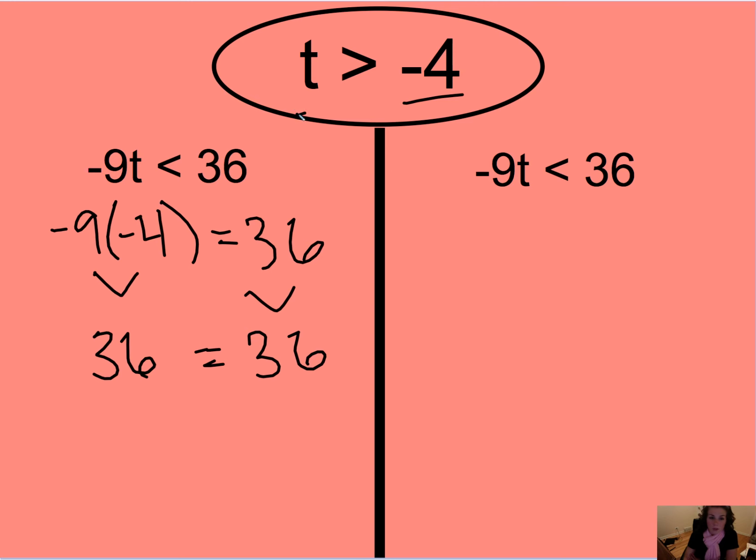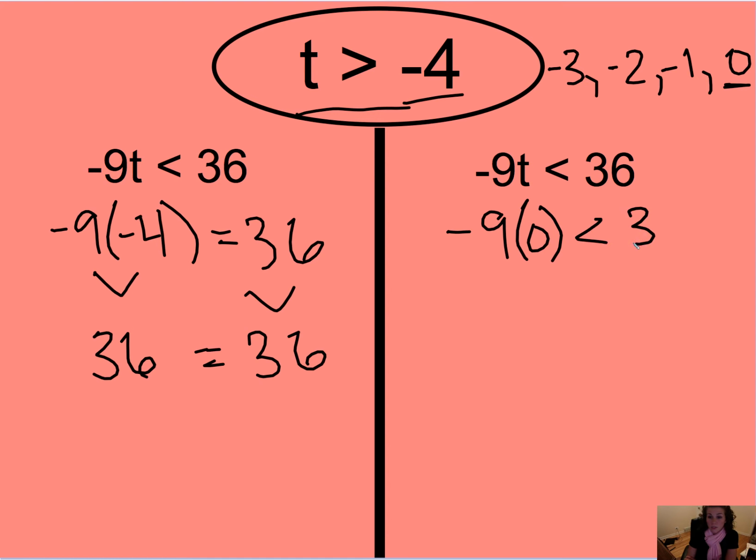Now we pick a number that's greater than negative 4, which would be negative 3, negative 2, negative 1, so on and so forth. To make it easy on myself, I could just pick 0 here because anything times 0 is 0, and that's really easy to check. So negative 9 times 0 is 0. Clearly 0 is less than 36, so we are correct.